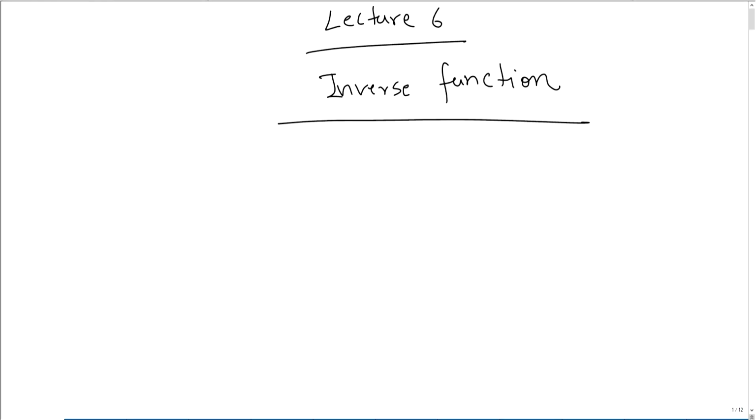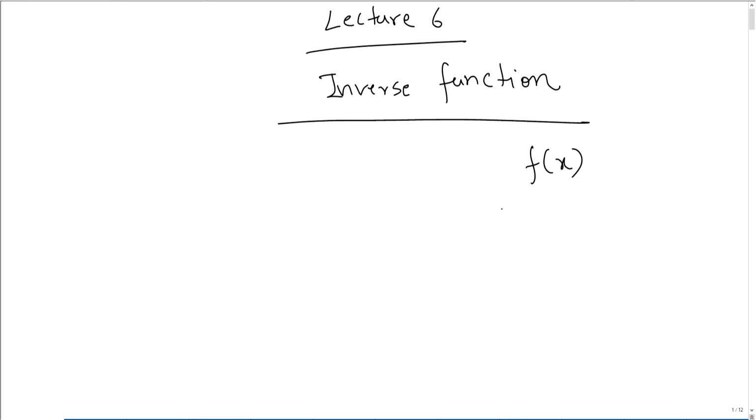But before that, I'm going to introduce an important concept called the inverse of a function, or inverse functions. So what is an inverse function? Let's say you are given a function f of x, where x is the input variable and the output variable is y.